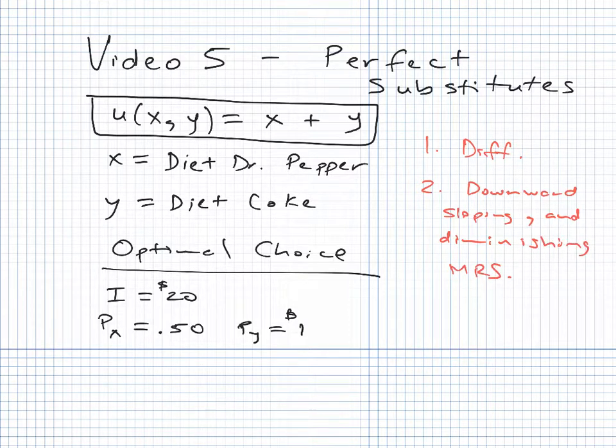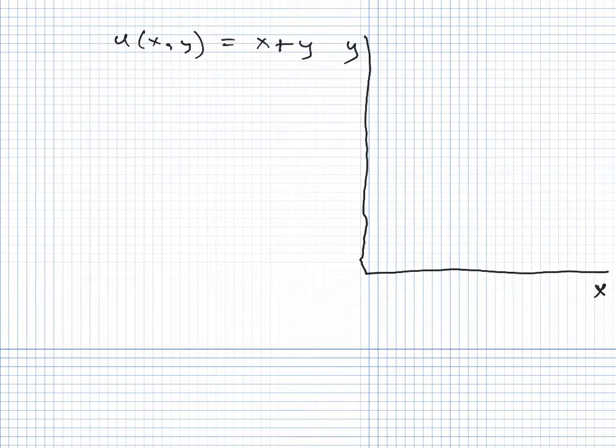So let's go ahead and think about graphing a few indifference curves for this utility function, and we'll get a chance to verify if this utility function actually satisfies these two properties. So on the set of axes that I've got sketched out here, I'm just going to sketch in a few indifference curves. I'm going to sketch out the indifference curves for u equal to 20 and u equal to 40.